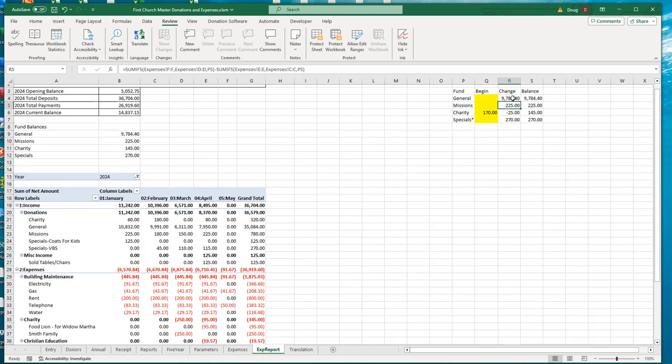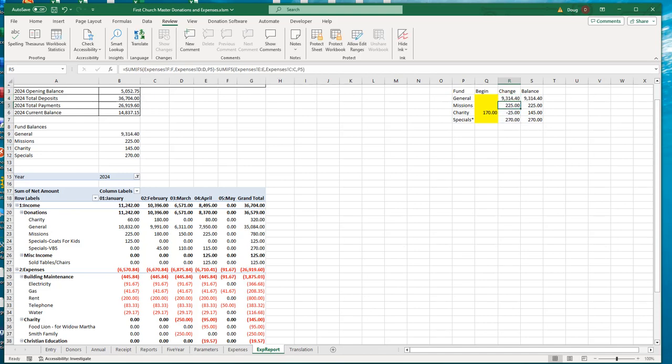Okay, and what that represents is everything. But what I said is it's everything except missions, charity, and specials. So this is everything, and now we just simply remove missions, charity, and specials.